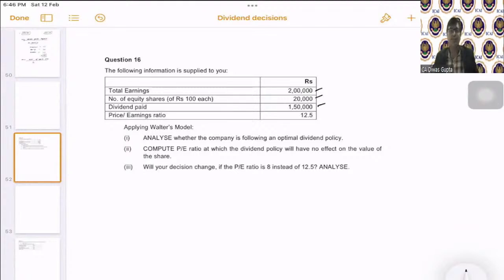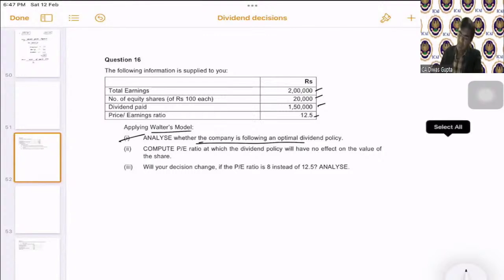Out of 2 lakh, we have paid a dividend of 1,50,000. And the PE ratio is given as 12.5. Now, applying Walter's model, analyze whether the company is following an optimal dividend policy or not.